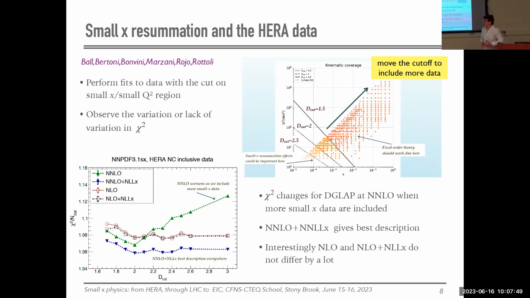Now, at the EIC, you're right, we are at higher x, so it's not as high energy. On the other hand, there is the possibility of going to nuclei, right?